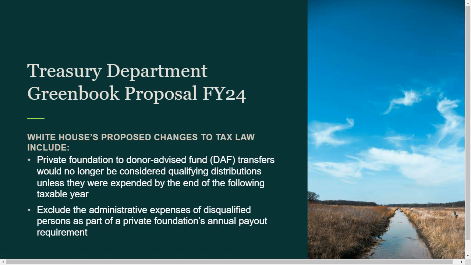It's saying that paying compensation or reimbursing expenses to a disqualified person, other than to a foundation manager who is a family member and a substantial contributor, would not count as qualifying distributions. So that's been interesting, and we will see where it goes.